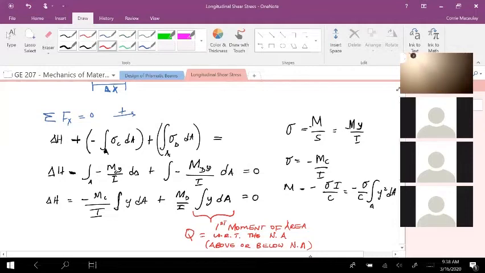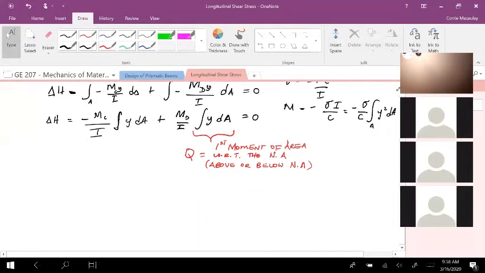So with that in mind, let's look at this equation again. If I take y dA out, I'll have Md minus Mc.